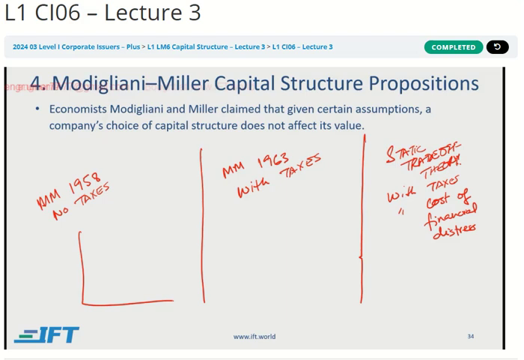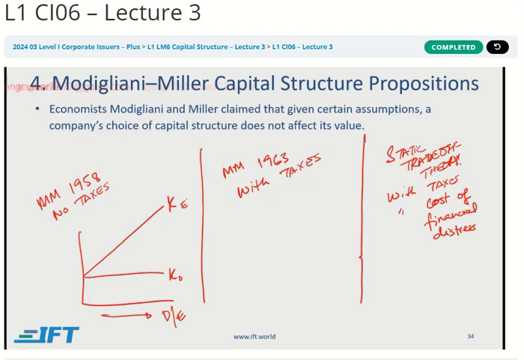Now, what does this mean? In the first one, as you increase debt in a capital structure, so as your debt to equity ratio goes up, what Modigliani and Miller said is that your cost of debt stays the same, but your cost of equity keeps going up as you increase debt in your capital structure.